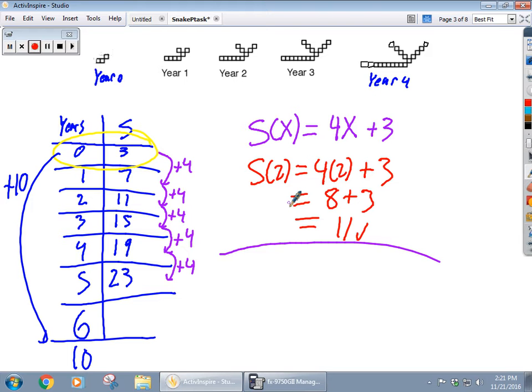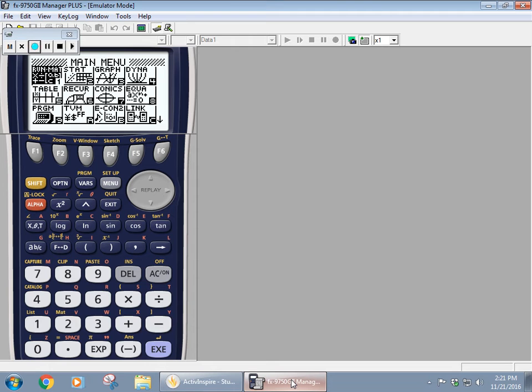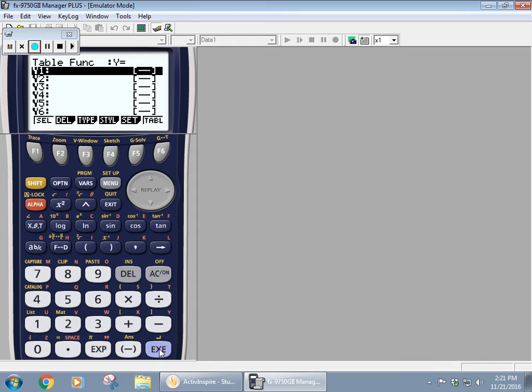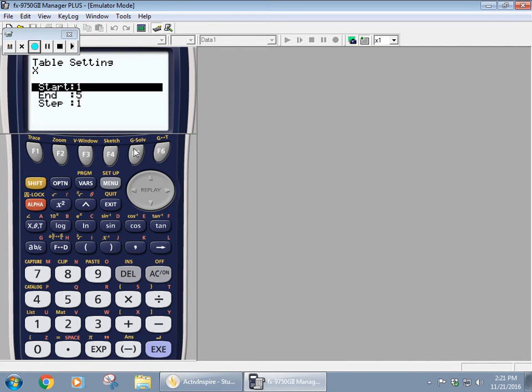If I were doing this without using the equation, well, technically you have to use the equation to do this, I would use technology. So go into your calculator, let's go into the table, and let's put in our equation, which was 4x plus 3. Let's set the table to start at year 0, because we know the snake is born in year 0, and let's make it go to 100 years.